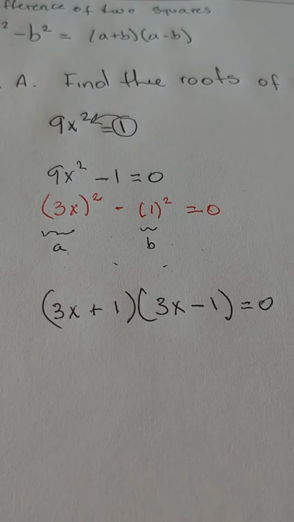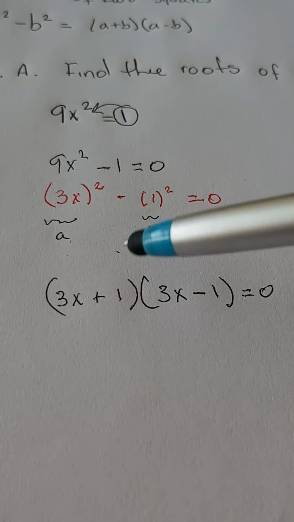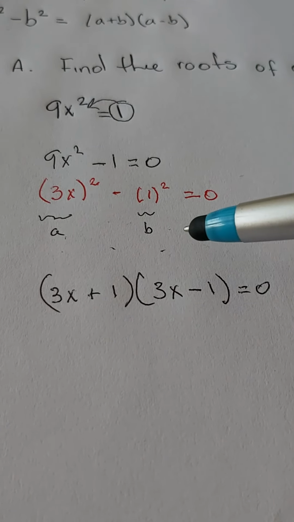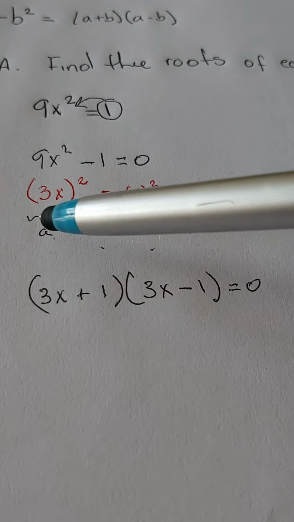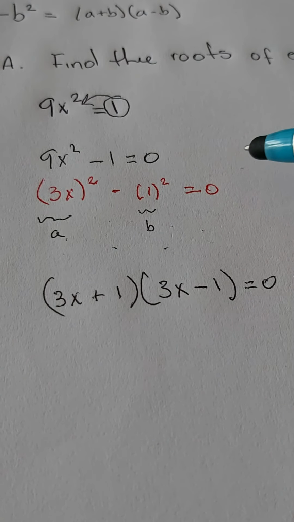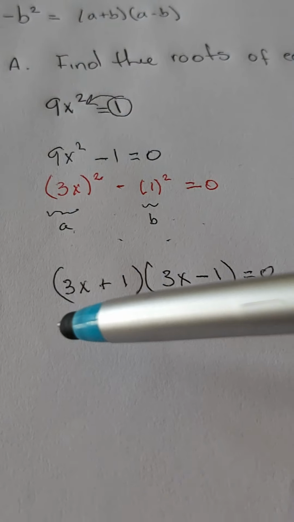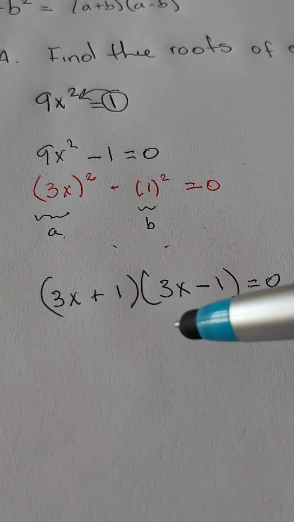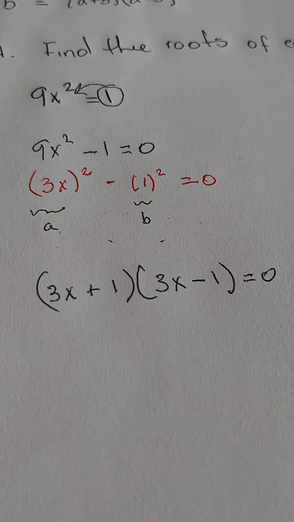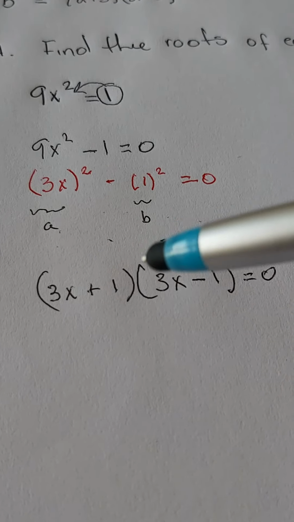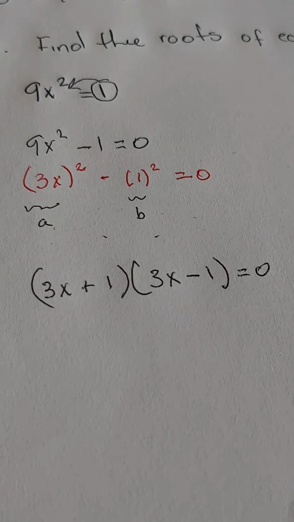Got it? A is 3x, b equals 1. A squared minus b squared is equal to a plus b times a minus b. In this case, 3x plus 1 times 3x minus 1.